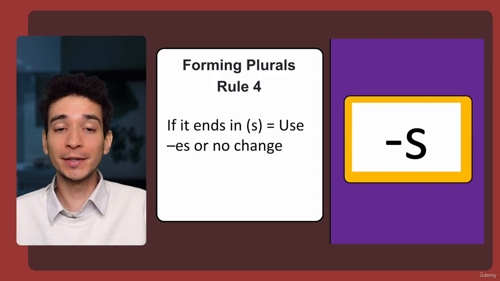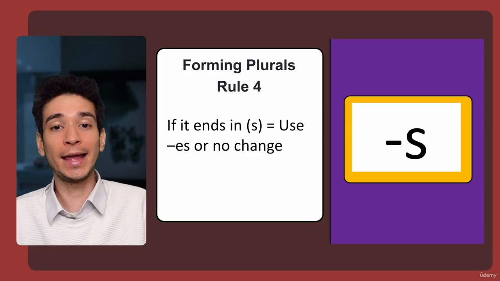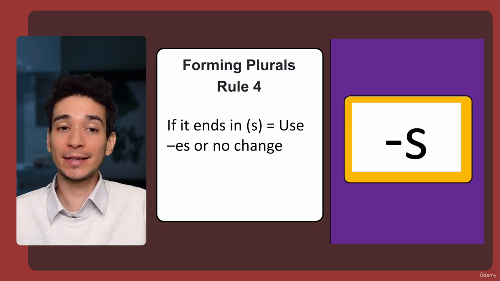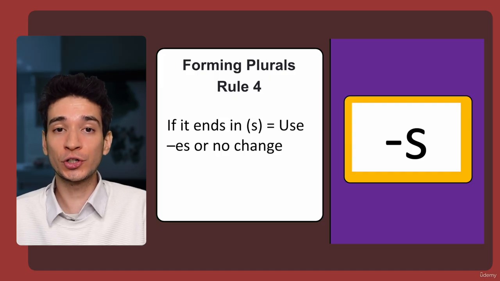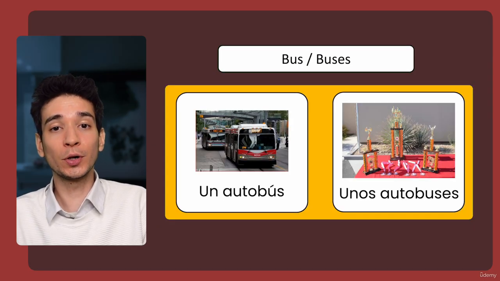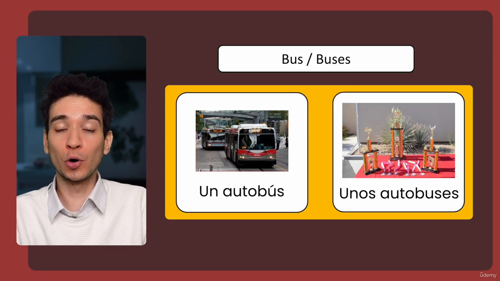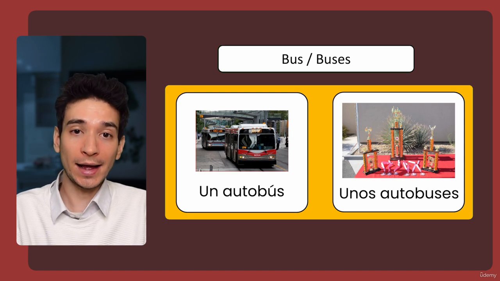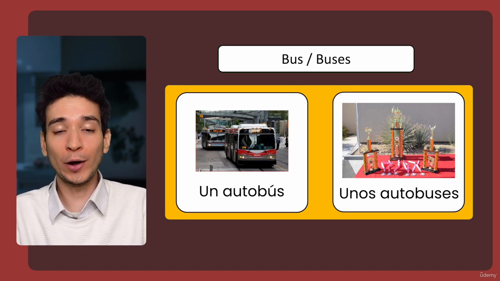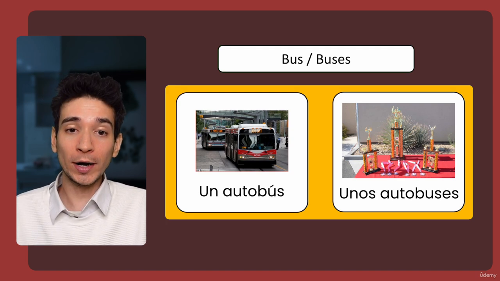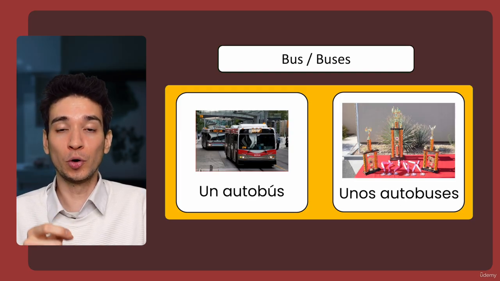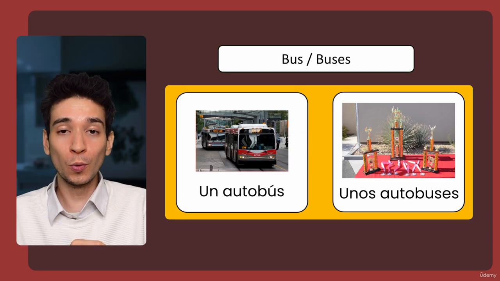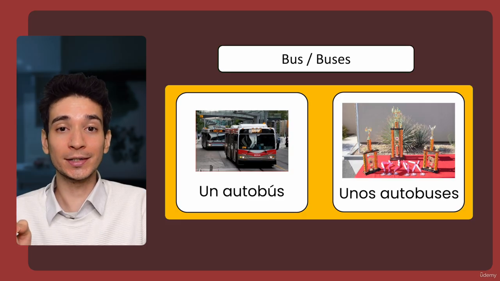The next rule is that if the word ends in S, you add ES, and in some cases there is no change. For example, un autobús, which means a bus. And if you want to make it plural, we would say unos autobuses.